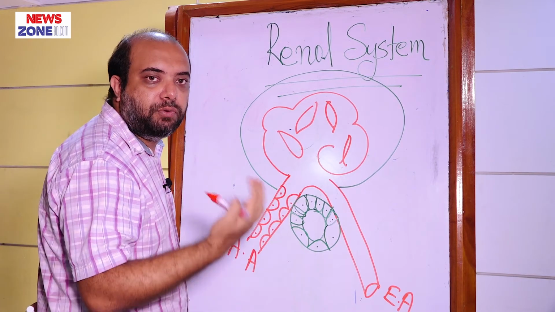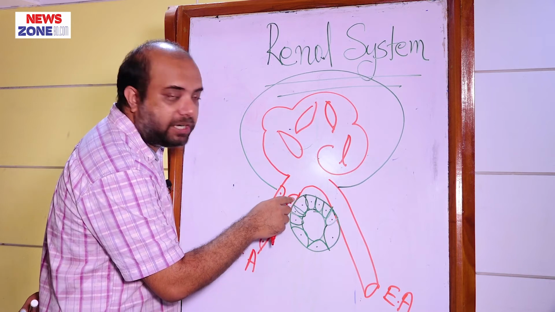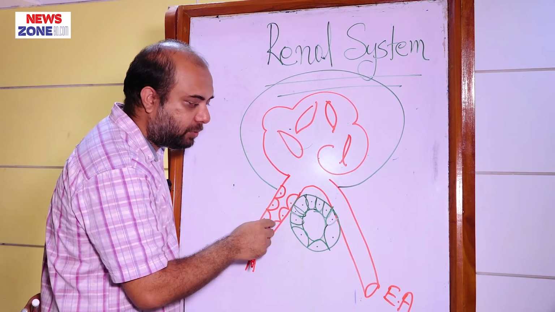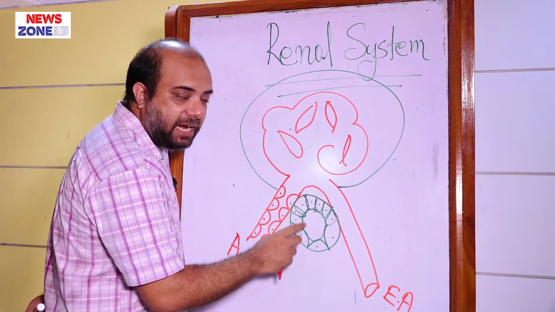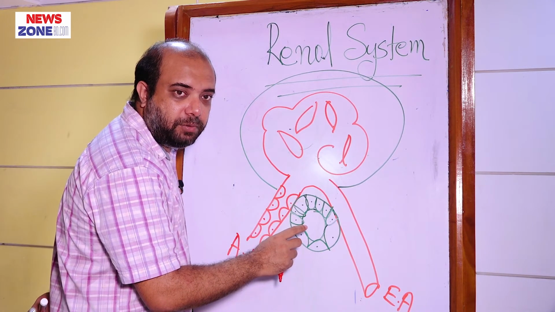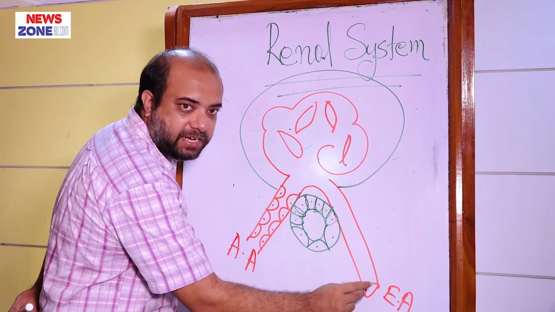So now we have got two types of cells. That one is epithelioid cells, known as juxtaglomerular cells, and tightly packed cells which are situated in the early portion of the distal convoluted tubule, in close proximity of the afferent and efferent arteriole.